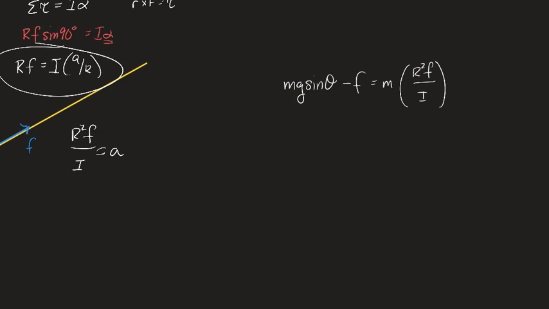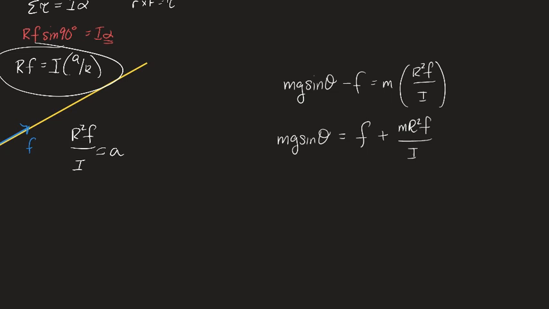I'm going to get the terms with f to the same side of the function. So mg sine theta equals f plus m r squared f over I. Any question about that? Okay. Factor out the f.